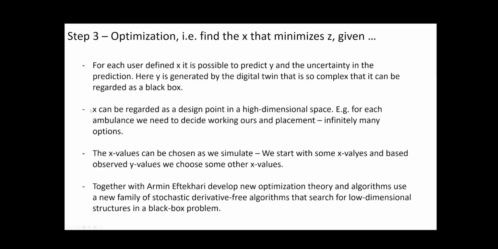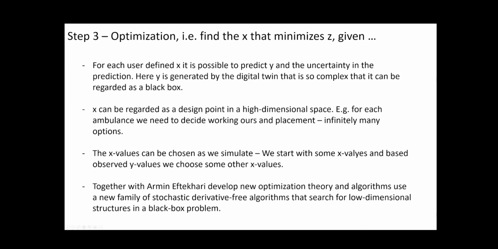As I mentioned at the very beginning, X here can be regarded as a design point in a high-dimensional space. If you think about it, it is really a high-dimensional space. Depending on how you define it, it's at least a few thousand dimensions here.